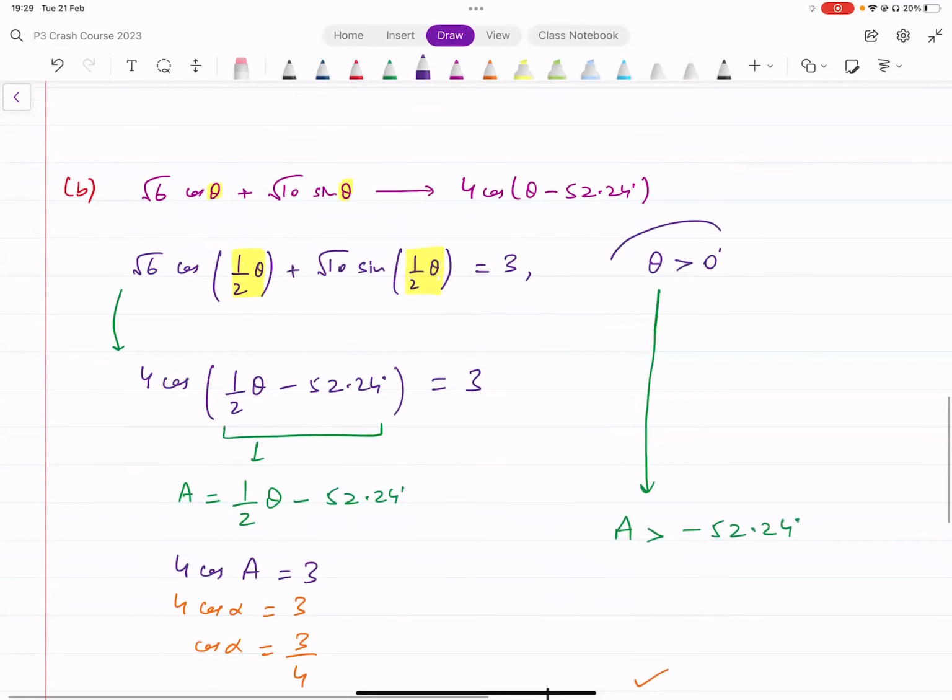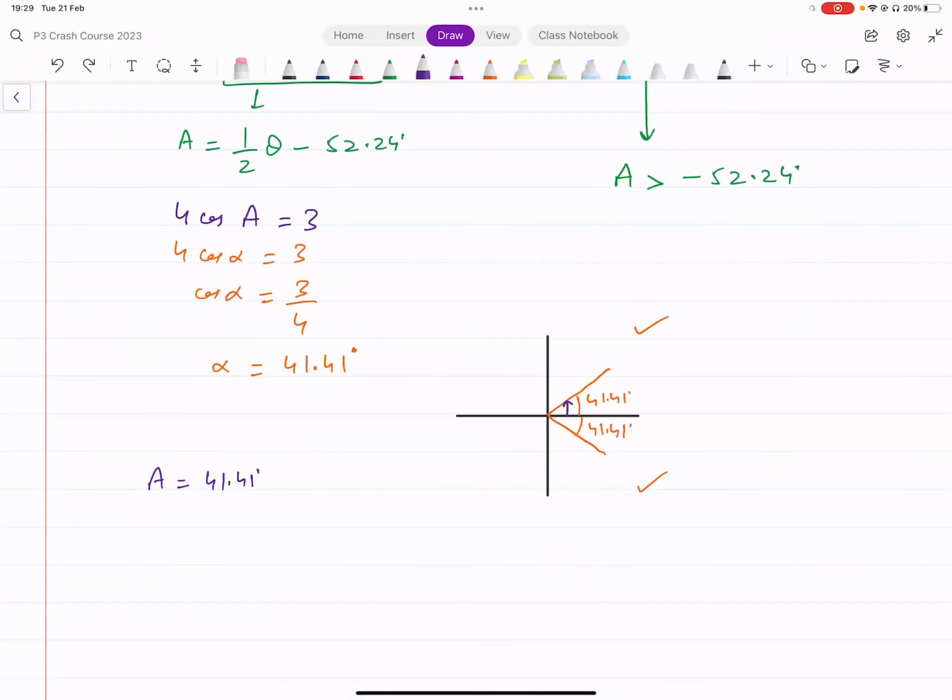Now, theta was supposed to be positive, but A has this interval that A is greater than minus 52.24. Now, if you think about it, this angle minus 41.41 actually does fall in the interval. So that's the smallest value that we should be using here.